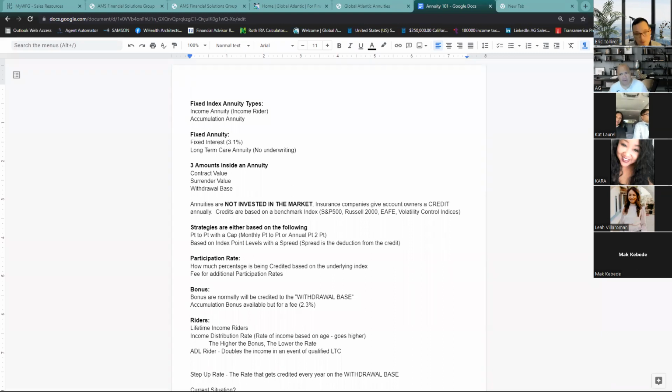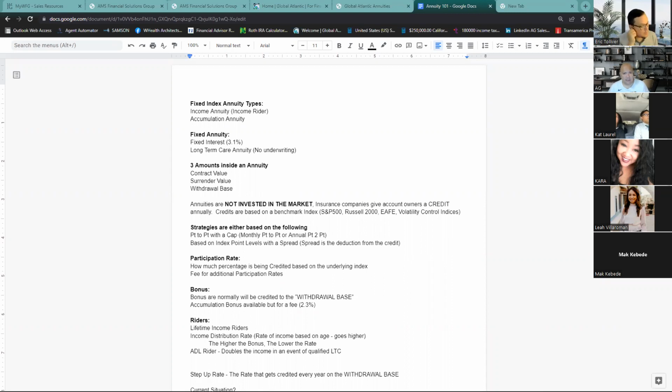This is how you do it. You have to explain it in the simplest possible terms, in words that they can understand. And so you're going to explain there are two types of annuities that, based on their age right now, are suitable for them.